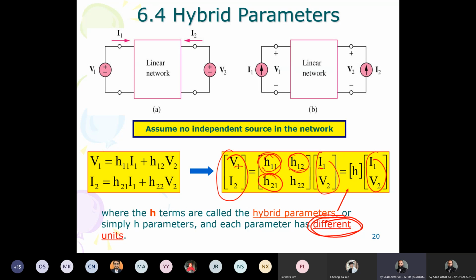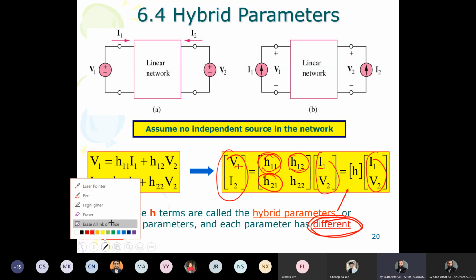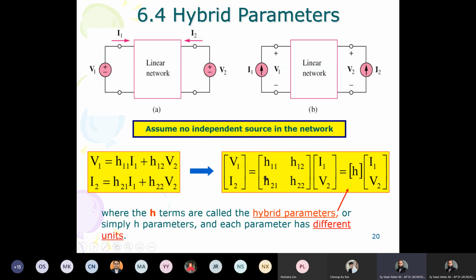No unit. Why? They cancel out, because it's like I2 and I1. H21 is basically I2 over I1. But if we talk about H22, what are the units of H22? Jocelyn? Yes, so what is V upon I or I upon V?